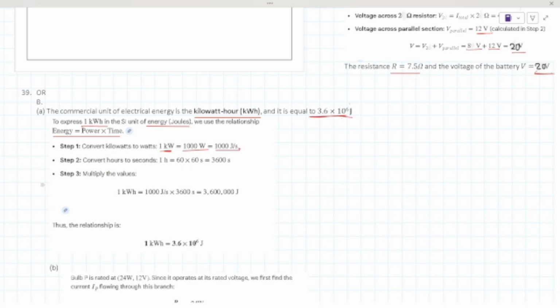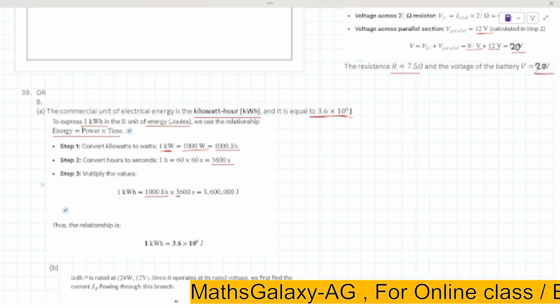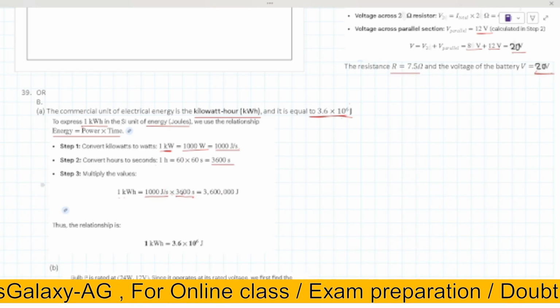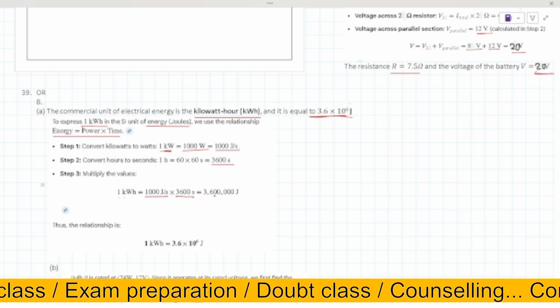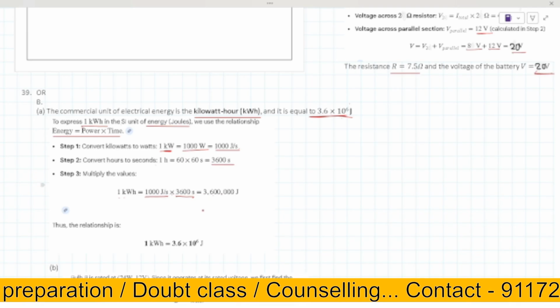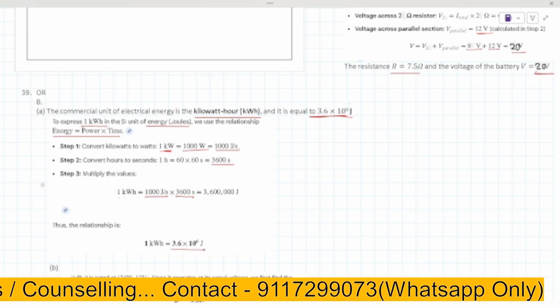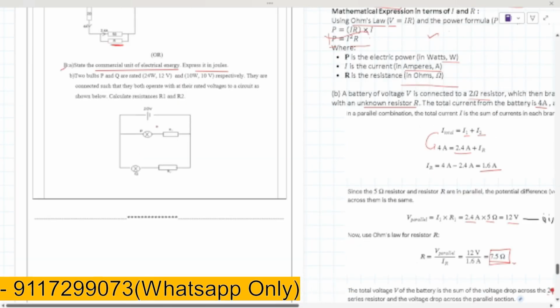Now we have to convert it into seconds. So 1 kilowatt hour equals 1000 joule per second into 3600 seconds, which will be 36 lakh joule. In short form, we can say 3.6 times 10 to the power 6 joule. Clear now?